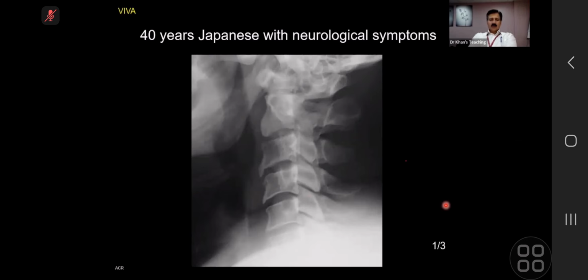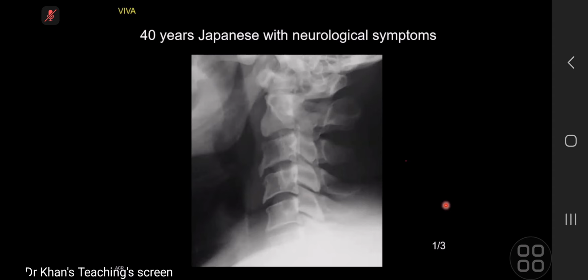What are the findings? It's a cervical spine lateral view. Normal cervical lordosis is lost, and there is straightening of the cervical spine, normal atlantoaxial distance. However, there is some, I would say, ossification or density projected across the posterior bodies.